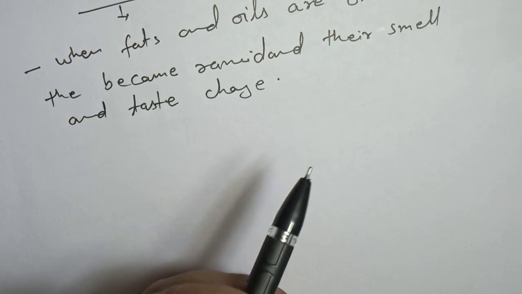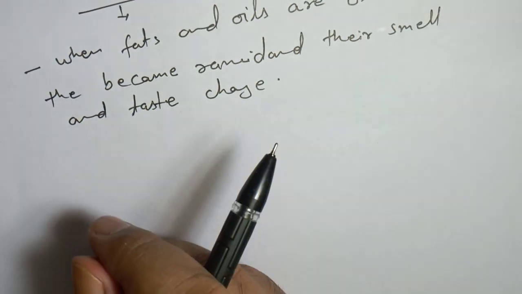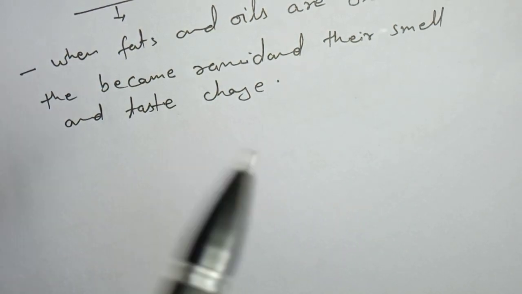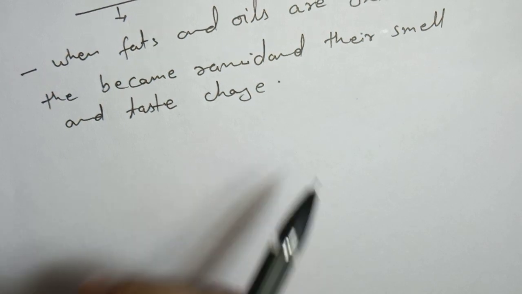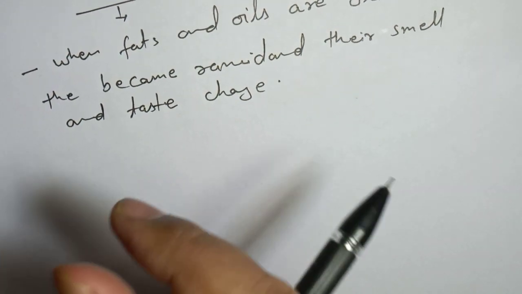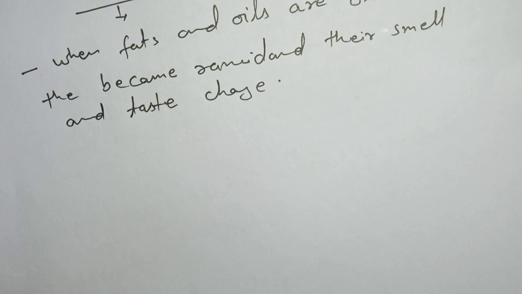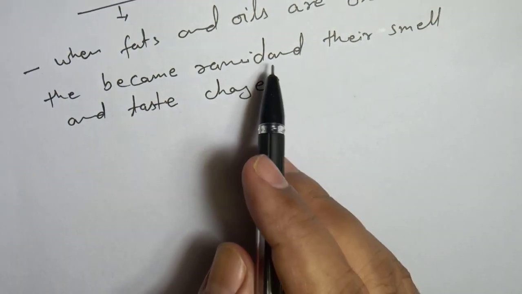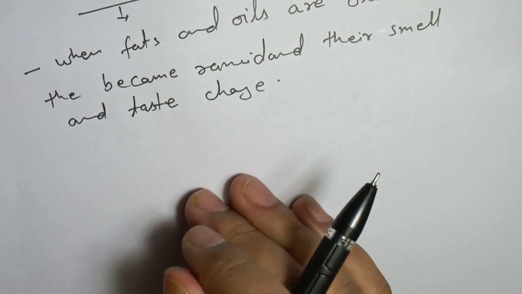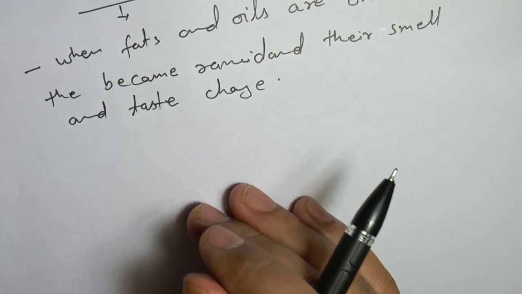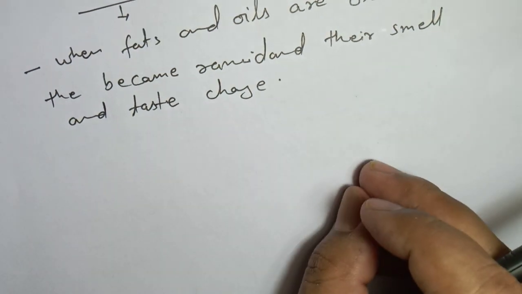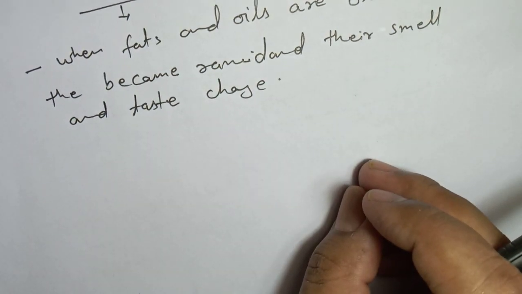Now this is very common. If we buy a chips packet and tear it and leave it for maybe one or two days, we can see that the inside, the potato chips, the taste would be completely gone, and it's rancid. I mean, the smell is bad. Or else we can leave some oily foods for a few days.